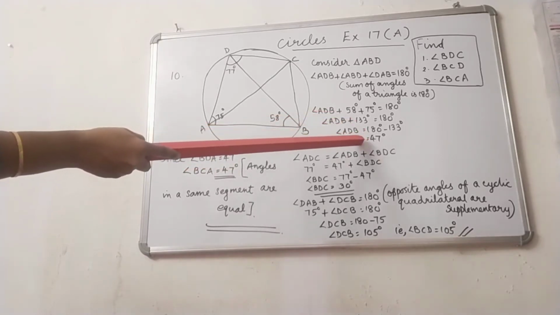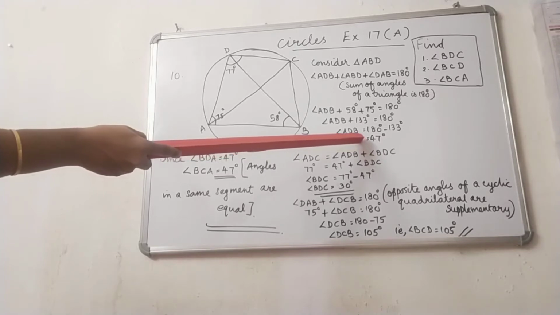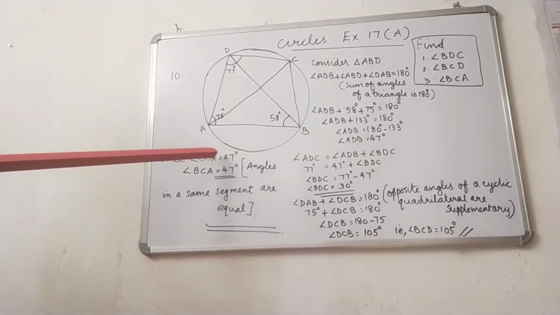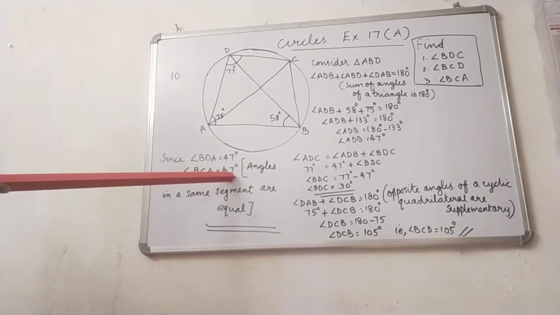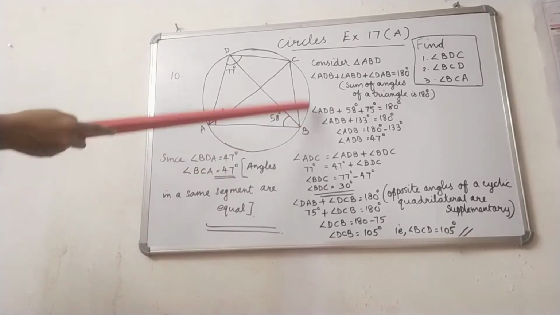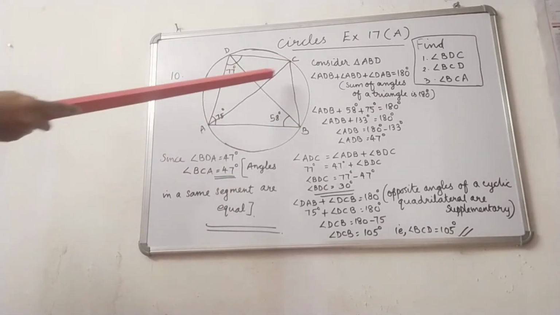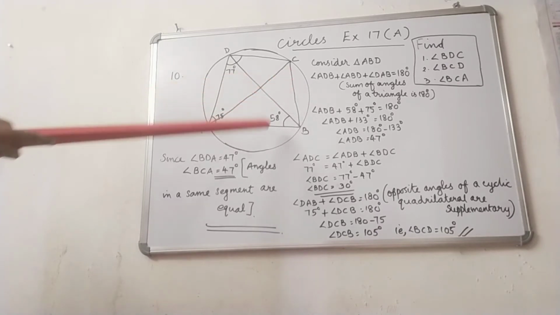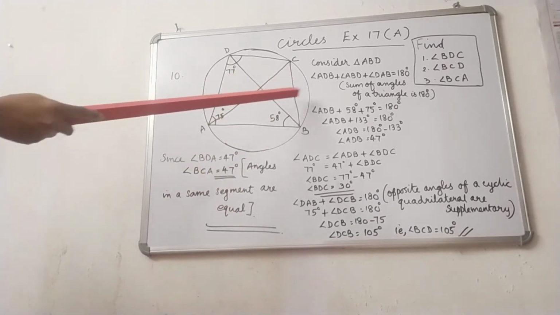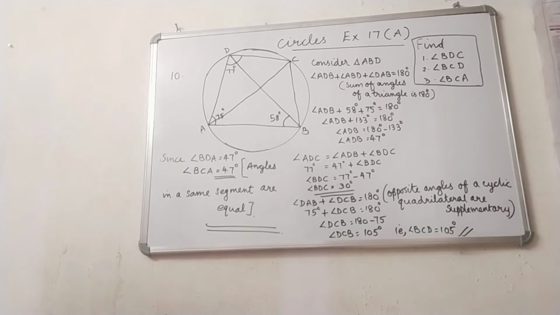That is here BDA is equal to 47. So since BDA is equal to 47, angle BCA will be 47. That is angles in the same segment are equal. Hence proved.